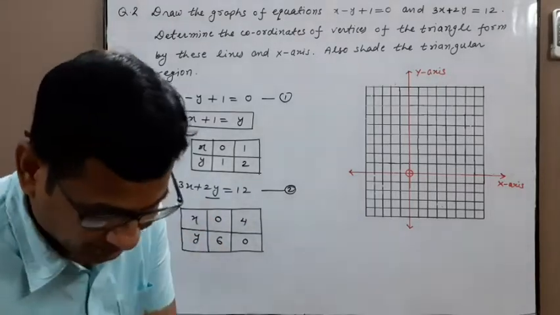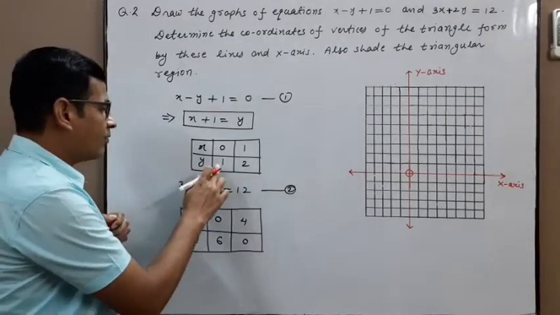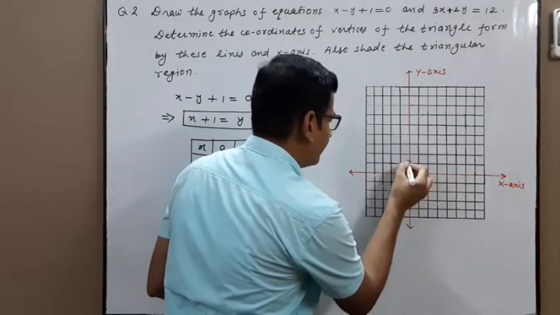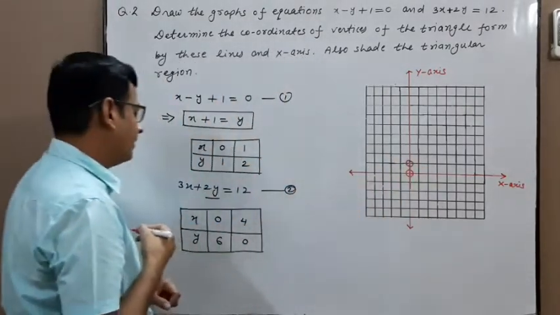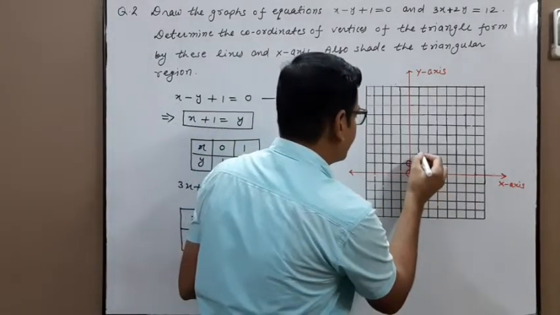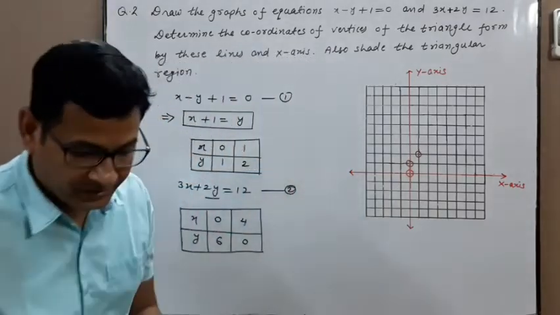Now draw the lines. First (0, 1). This is (0, 1). And the next point is (1, 2). This point (1, 2). Join these 2 points.